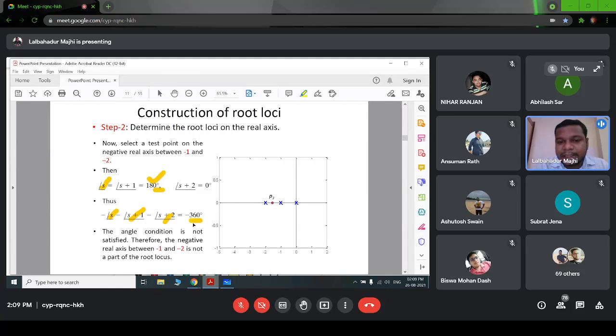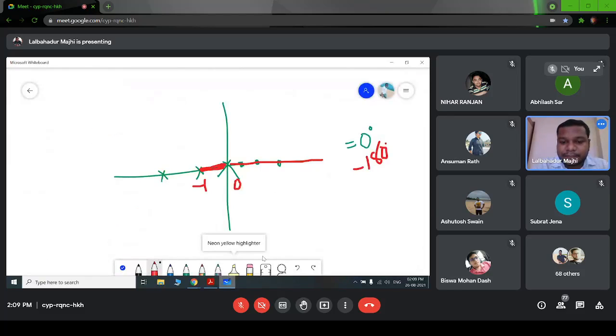That means this is not an odd multiple of 180 degrees, right? It is an even multiple of 180 degrees. So this point is not satisfying our angle condition. That means this point will not be on our root locus. So any point between -1 and -2 will not be in our root locus.